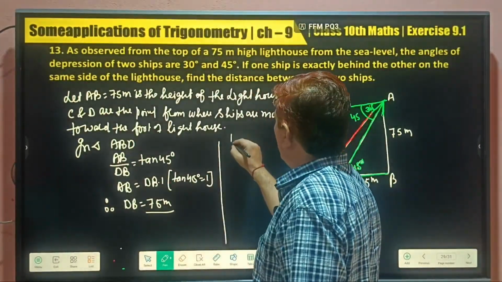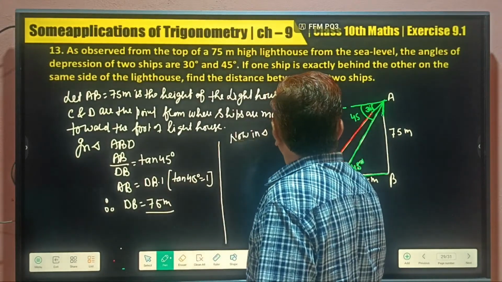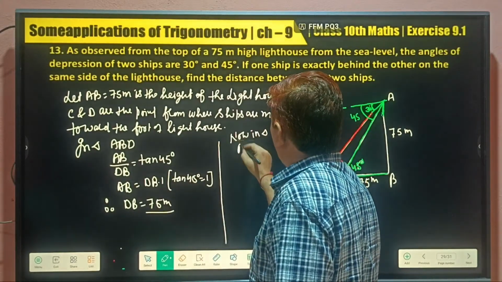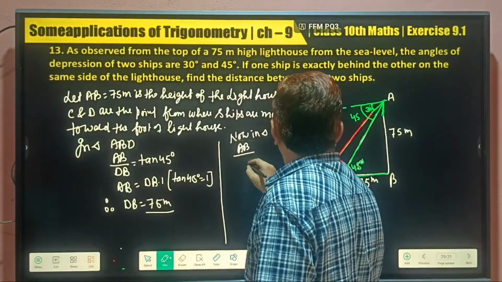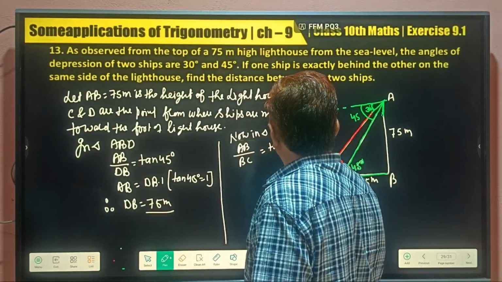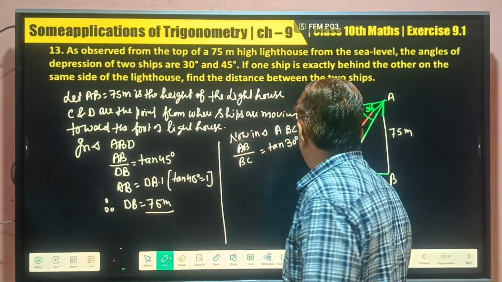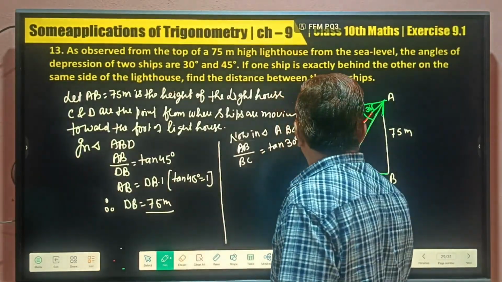Now in triangle ABC, AB by BC is equal to tangent 30 degrees, perpendicular by base. So what do we have to find out?